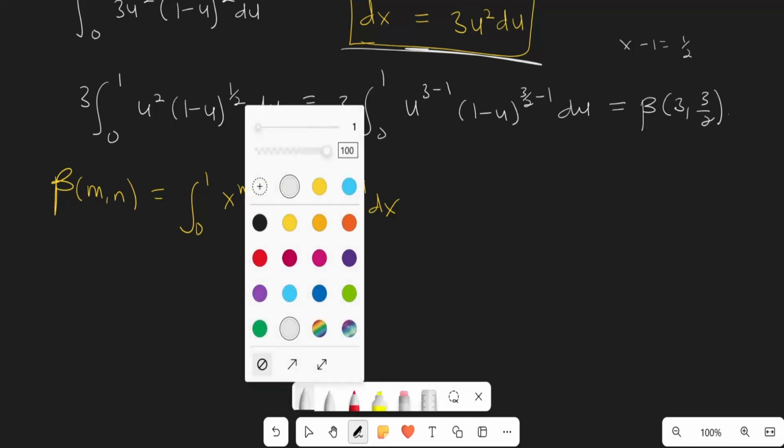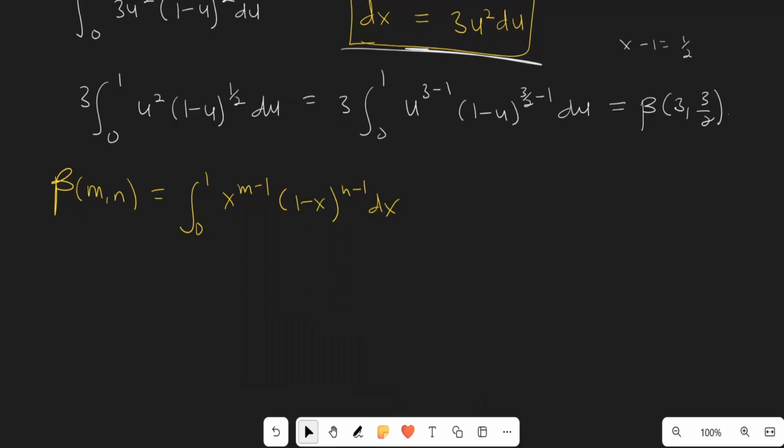So our integral is going to be 3 times the beta of 3 and 3 over 2. And we can use the gamma representation of the beta function. If we have beta of m and n, this is the same as gamma m times gamma n divided by gamma of the sum m plus n.